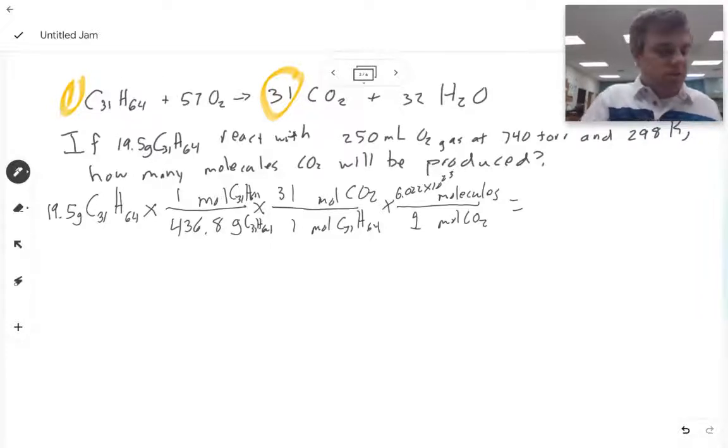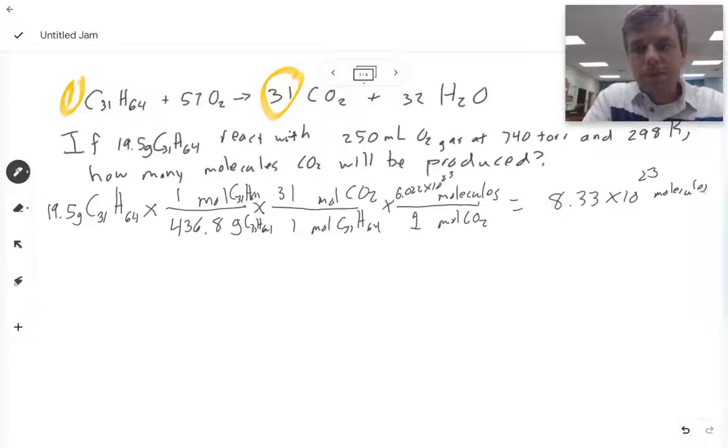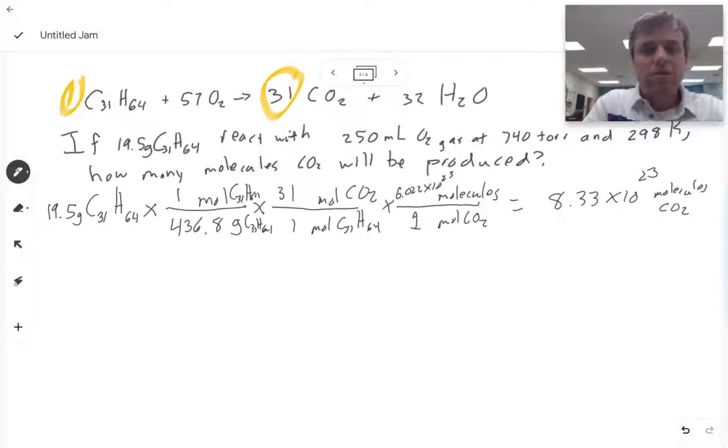So then we work all this out in our calculator. And I'm coming up with 8.33 times 10 to the 23rd molecules of CO2. So that's the first half of working this problem out.